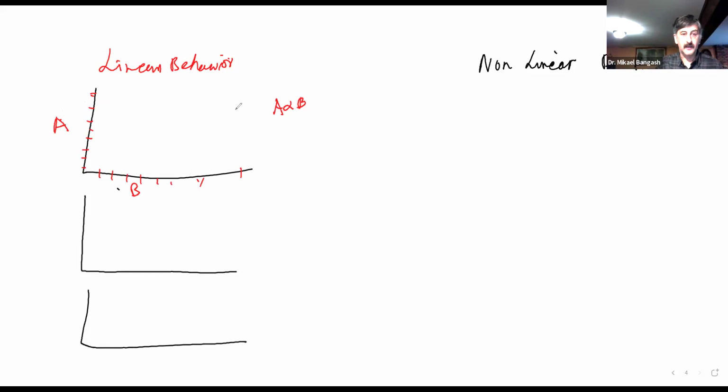And if it was not only an increase like that, but actually a linear increase, then our line will be like this.